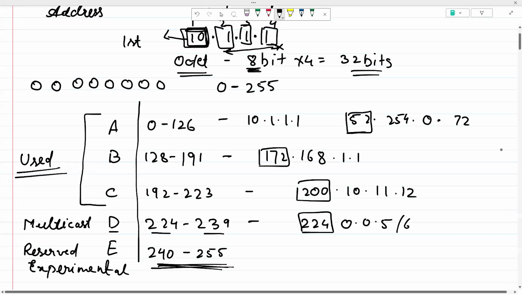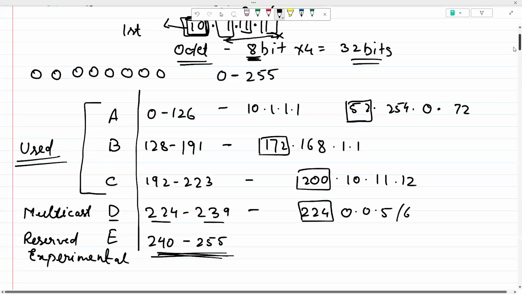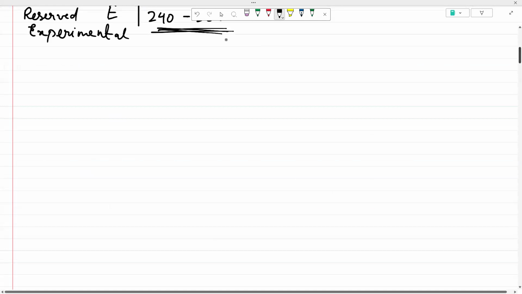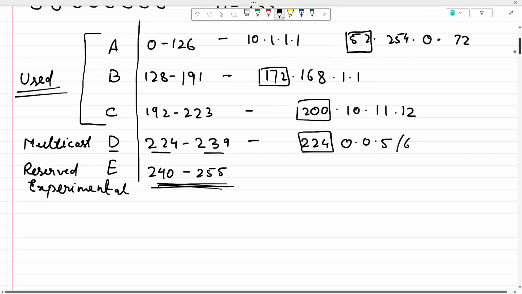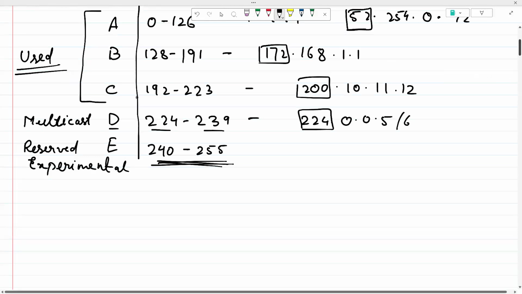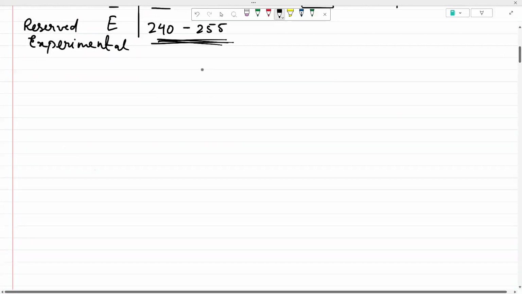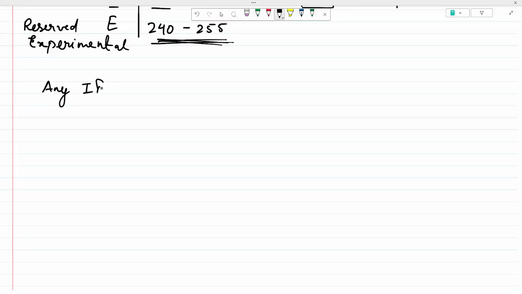Now, an IP address can be any of class A, class B, class C. As I said, we are looking into the first three classes because they are majorly used. Any IPv4 address is divided into two parts.